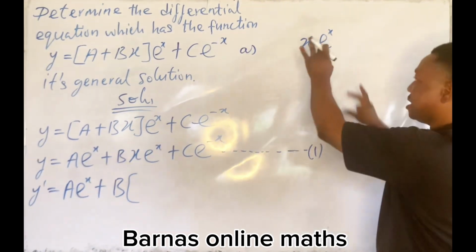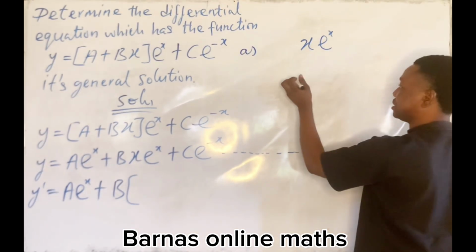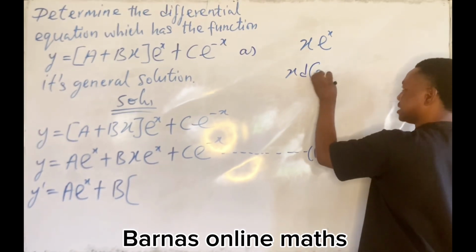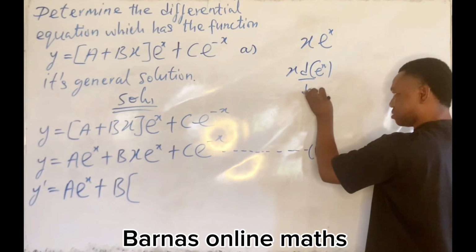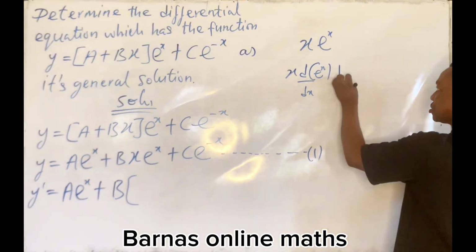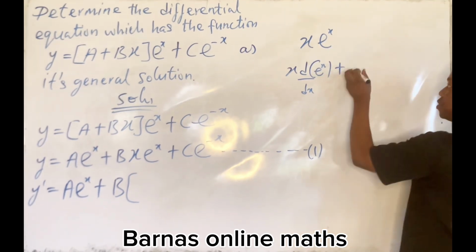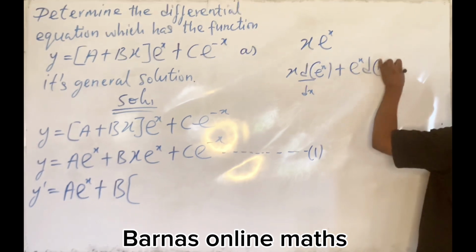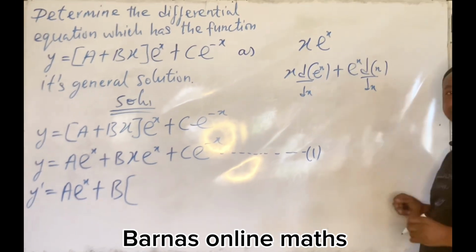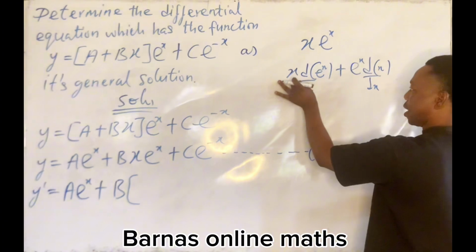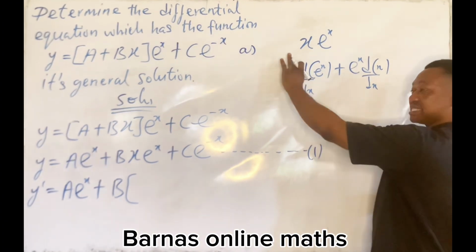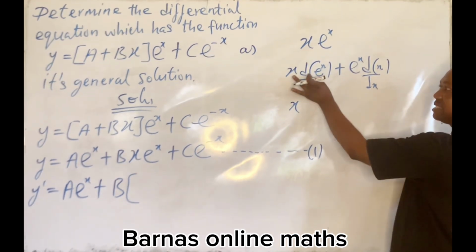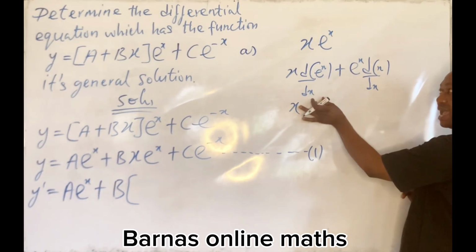The product rule states that you leave the first function, which is x, and differentiate the second function, e to the power x, with respect to x. Then plus, you leave the second function, e to the power x, and differentiate the first function, x, with respect to x. If we do that, x, nothing is affecting it, bring it down, then differentiate e to the power x with respect to x.